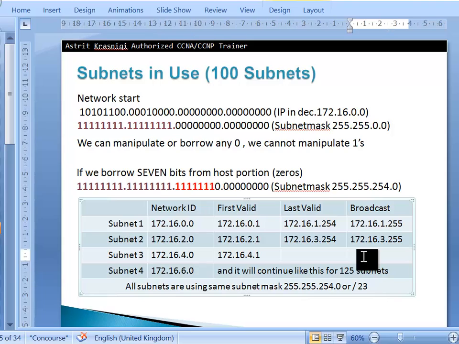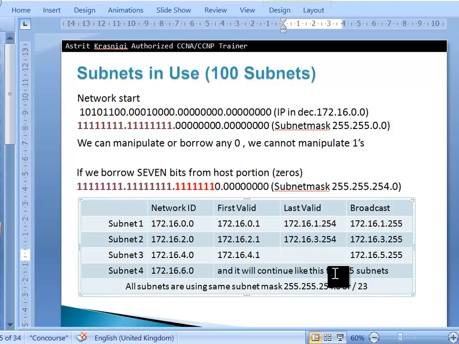Subnet 3's broadcast address is subnet 4 minus 1. So 172.16.5.255, and the last valid is 172.16.5.254. And it will continue like this for another 125 subnets. All subnets are using the same subnet mask, 255.255.254.0 or /23.